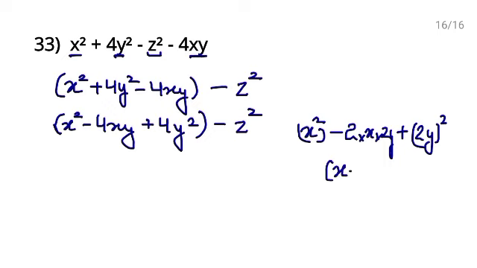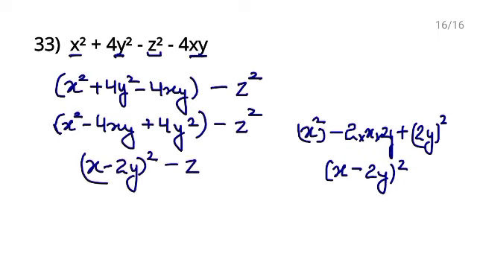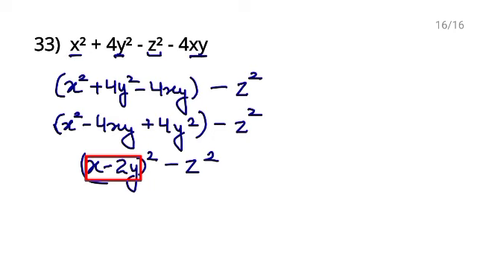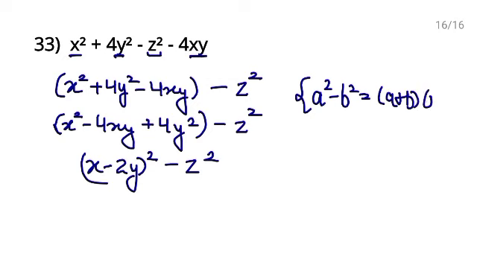So what is a here, x, minus b is 2y whole square. So this can be written as (x minus 2y) whole square minus z square. Now this is in the form of a square minus b square, where a is x minus 2y and b is z.